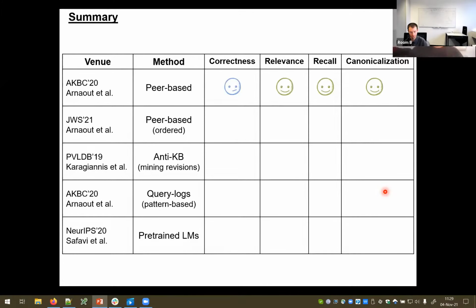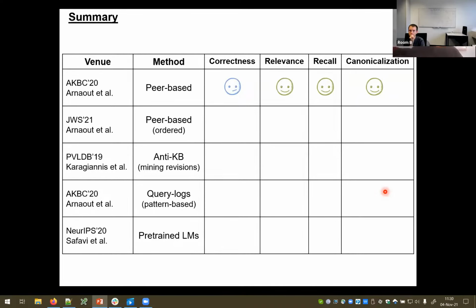You can predict negations for any possible entity. Canonicalization is not a problem because you are presenting the negations in entities and relations that already exist in the knowledge base. Correctness, however, is questionable because of the open world nature of the knowledge base. So again, at best, it's an inference with very high likelihood, but it's still an inference.